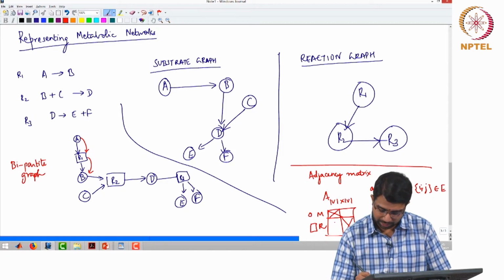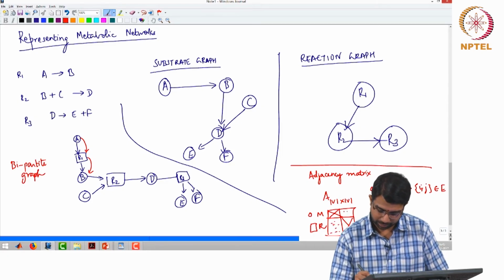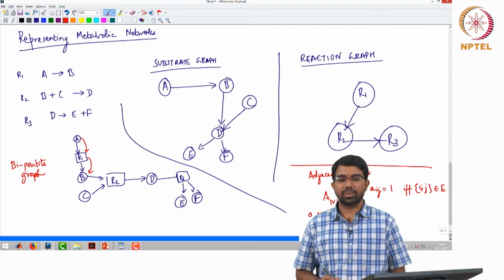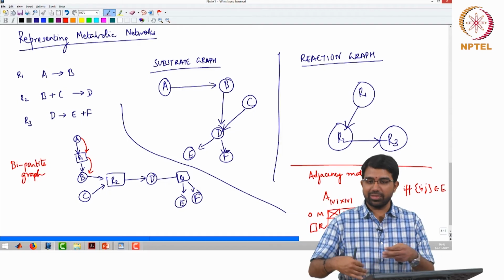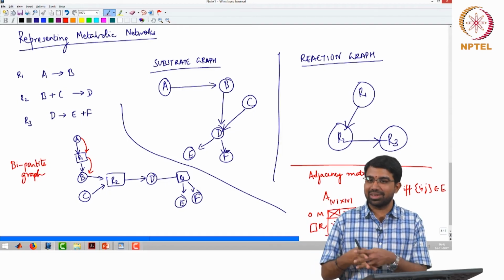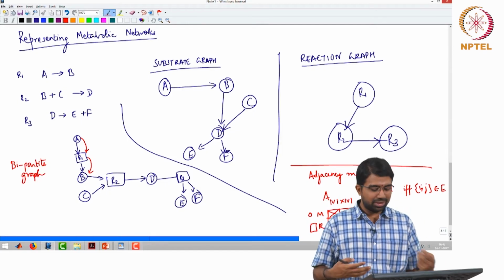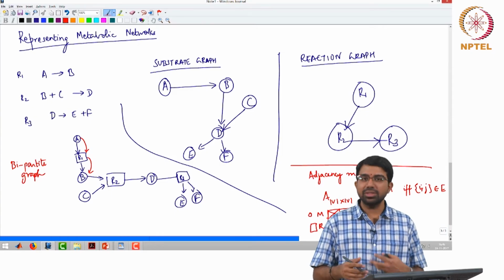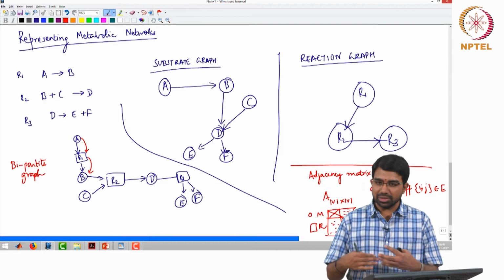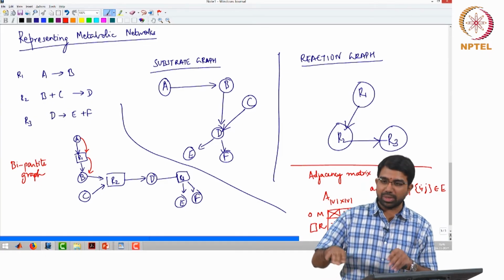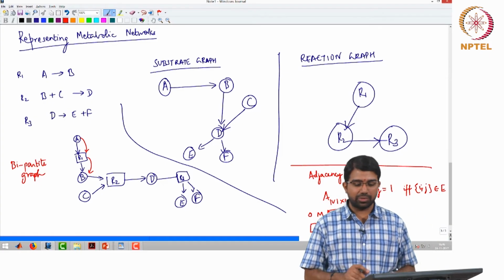You will have ones only somewhere here, so it will be a blocked matrix. Obviously, this is after you reorder the rows. If you interleave the reaction and metabolite nodes, you would not have this, but if you reorder them by the partitions, like the R partition and the M partition, you would observe this kind of a matrix.